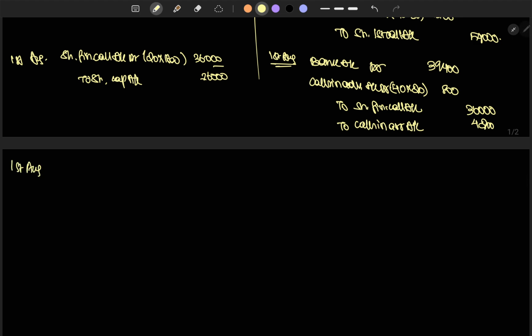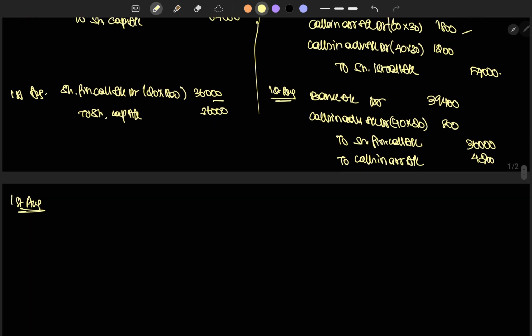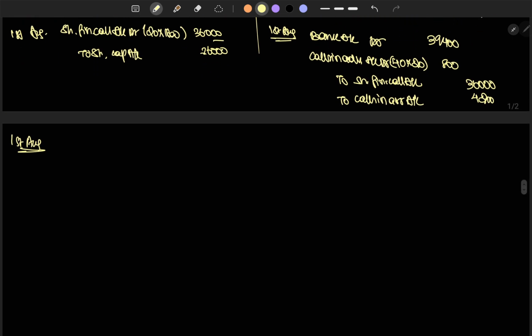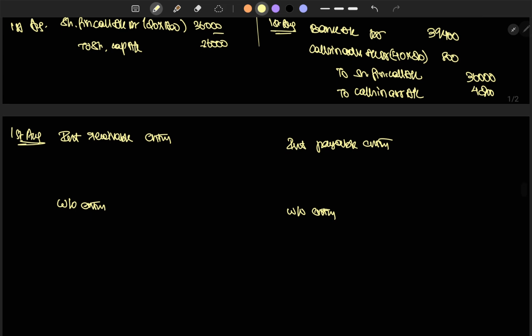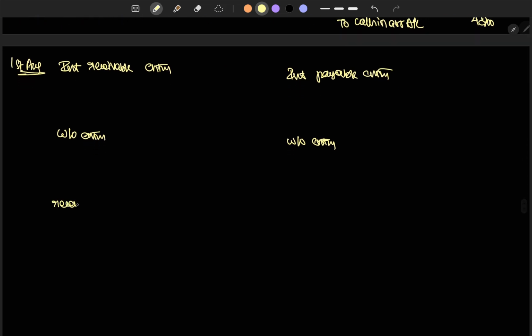That's it. Until this date, we have entered all those entries, and we are now proposing the interest entries. Right now, we are creating the due entry, which is interest receivable entry, interest payable entry, written off entry, written off entry, received entry, paid entry.